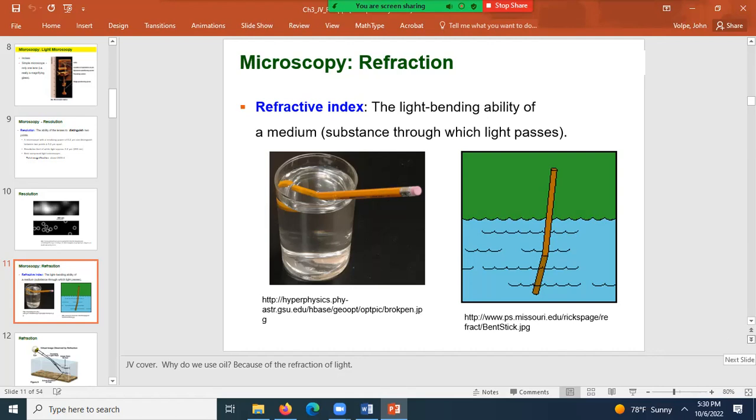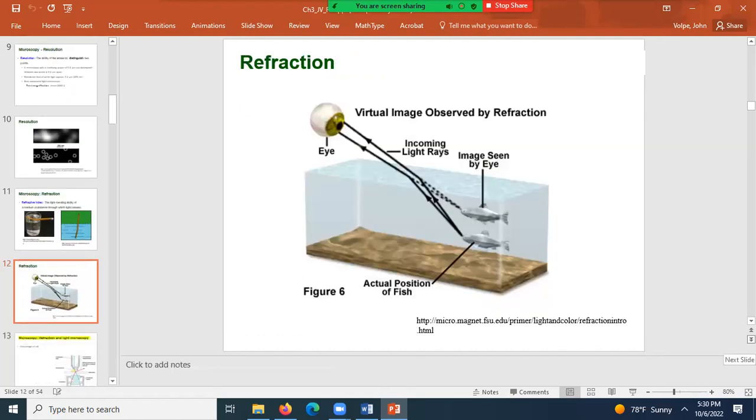The refraction of light is extremely important to living things, like a bird. When it sees a fish in the water and the bird wants to catch the fish, the refraction of light makes the fish look like it's in this position.